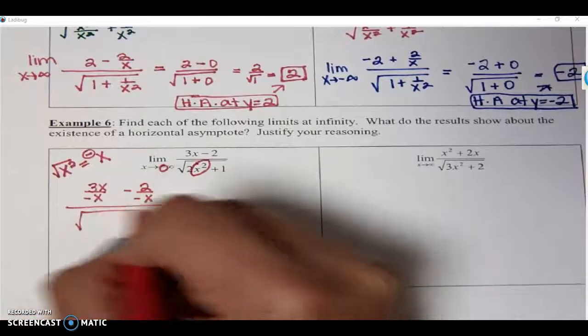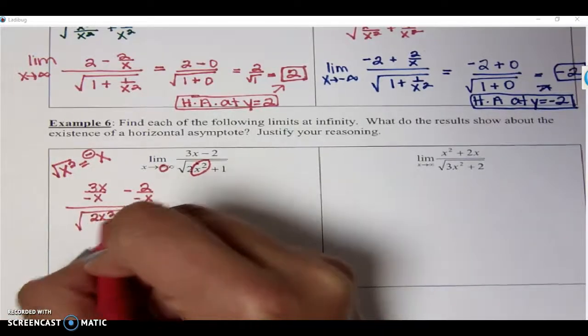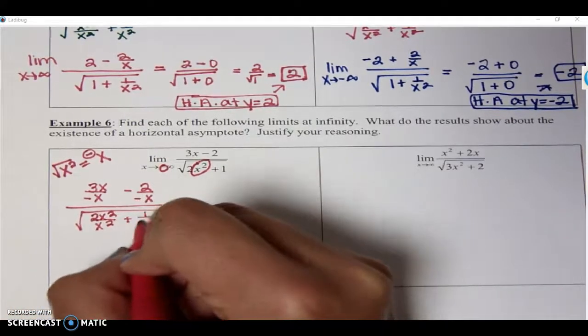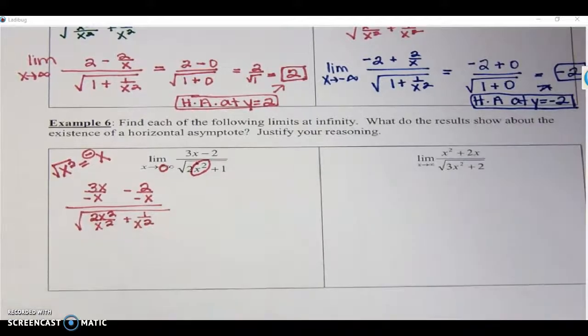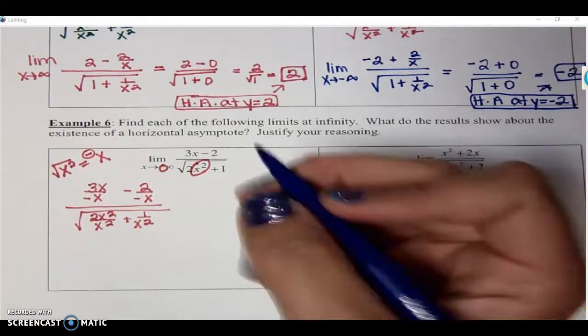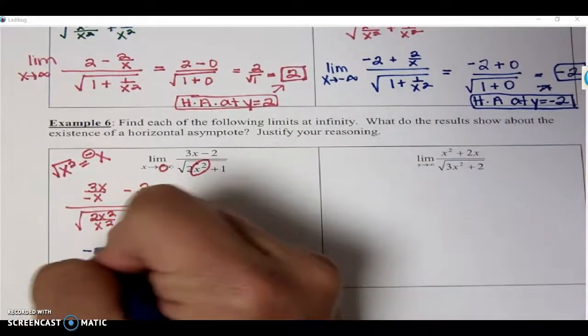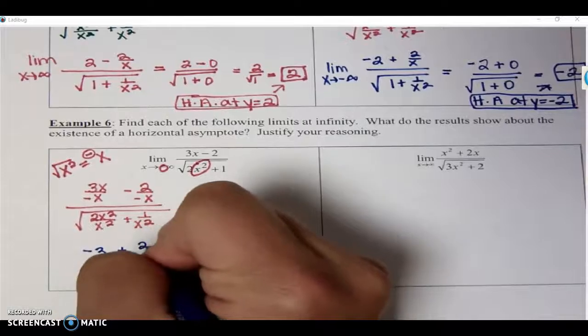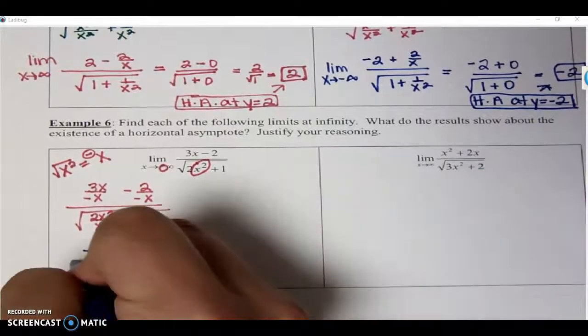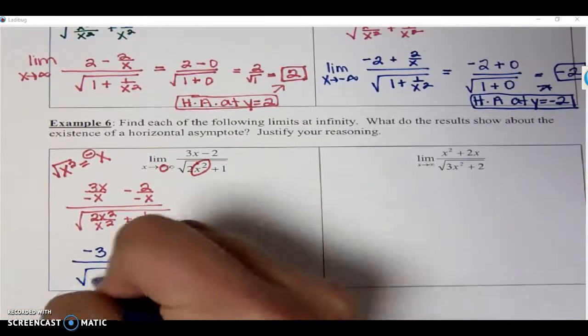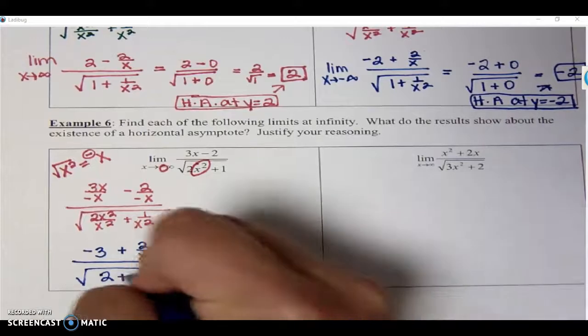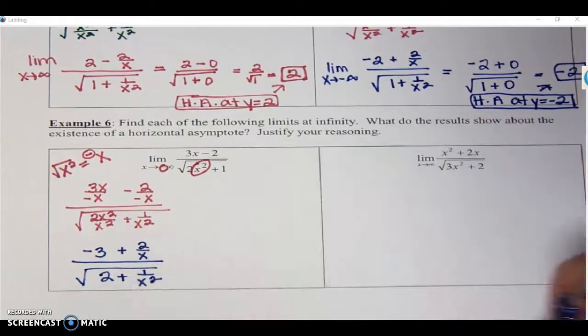In the denominator, we're just dividing by the x squared. Okay, so if we simplify, we're going to have -3 plus 2 over x divided by the square root of 2 plus 1 over x squared.